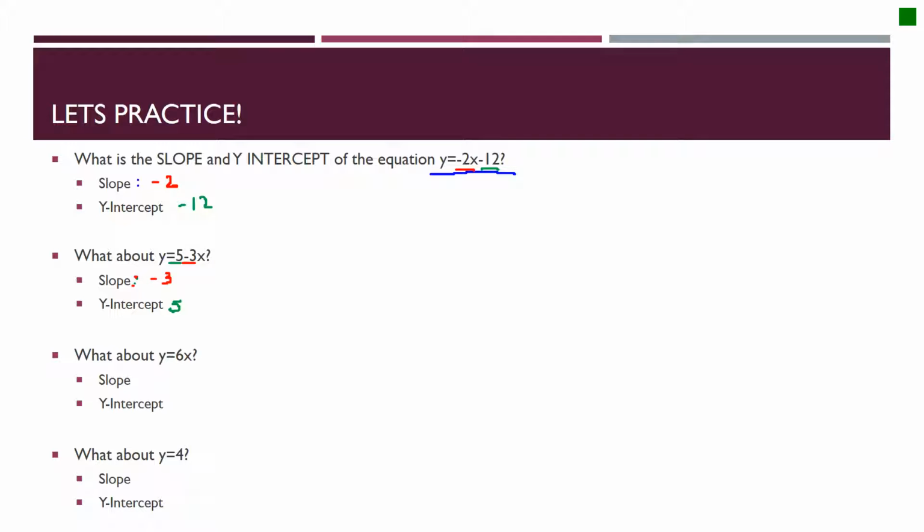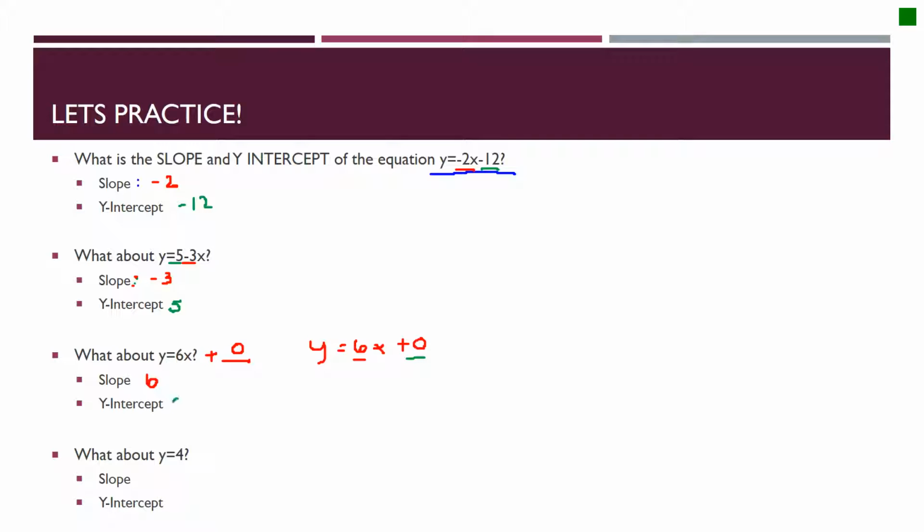Okay, we have y equals 6x. Now this might confuse you because there's not anything else there. But like we learned in my previous video, if there's nothing else there, that's the same thing as saying plus 0. So this equation could be rewritten as y equals 6x plus 0, which means that the slope would be 6, because that's the number being multiplied by x, and our y-intercept would be 0.